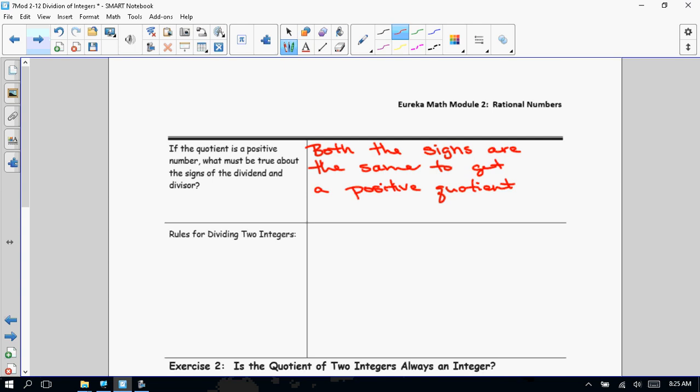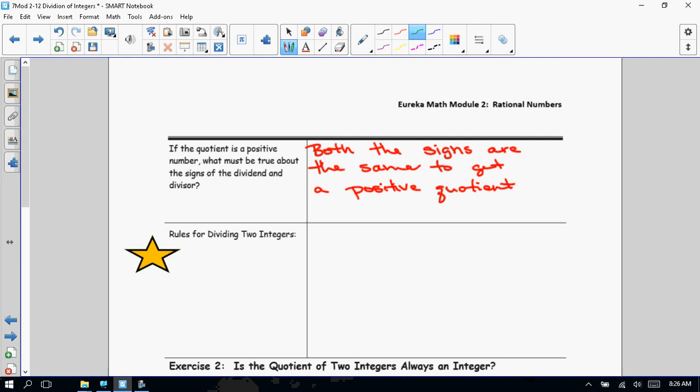Okay, here's the big idea. Rules for dividing 2 integers. Put a star, a smiley face, highlight it. Do something to make sure that this jumps out at you, especially as you're working on the independent practice when you come back to class.